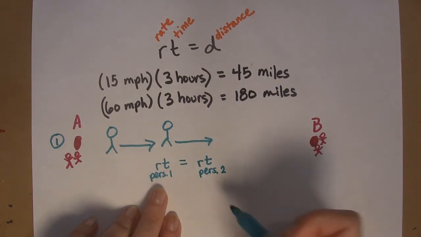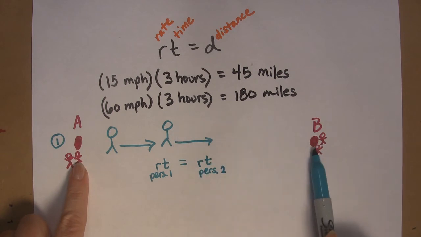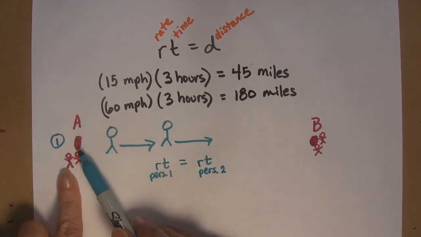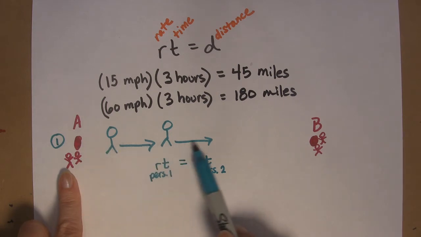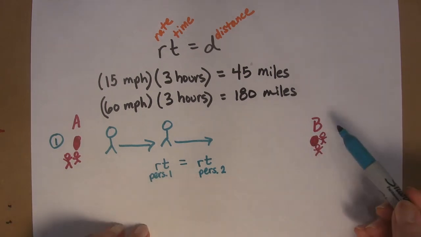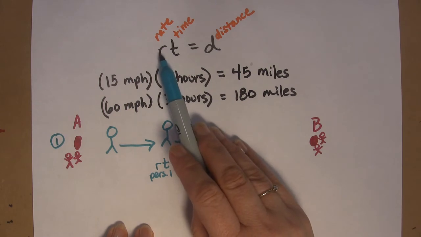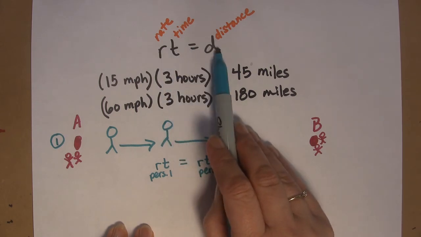How do we know that? Well, we know that because the distance that they travel is the same. They're both starting here at point A. They chase each other for a while until they both arrive at point B, which is the point of connection. We know from our formula that if we take rate times time, we equal distance.